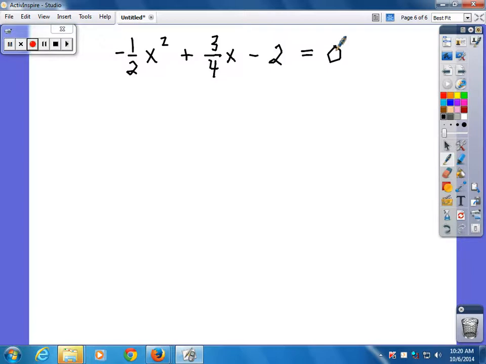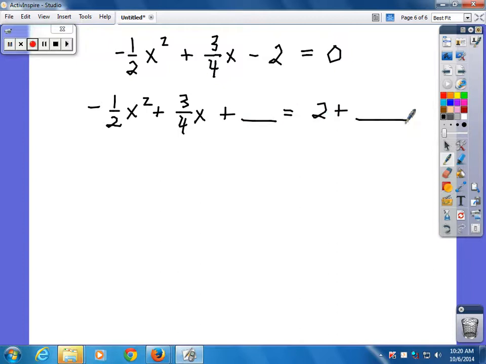All right, so let's move the -2 over: -1/2 x squared plus 3/4 x plus blank is equal to 2 plus blank. Factor out -1/2.